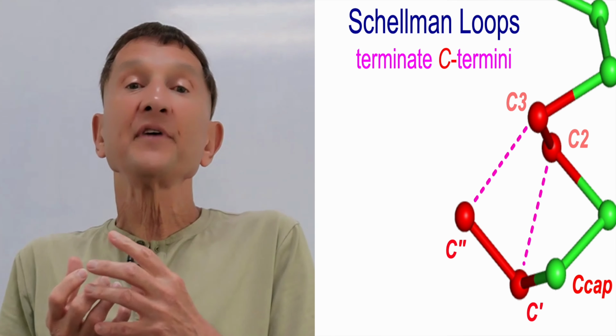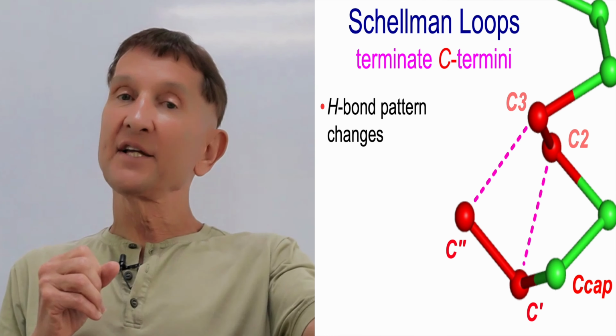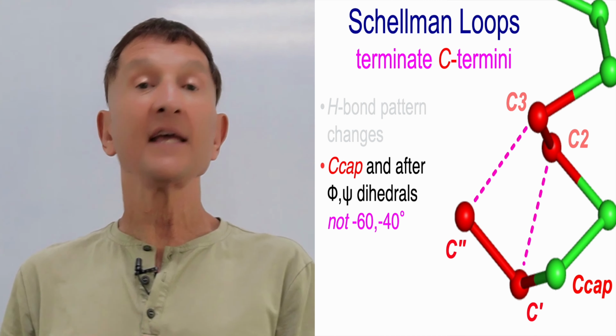We knew that C-caps in helices, in proteins, are often terminated by Schellman loops. Schellman loops kink the helix out of helicity and project the side chain at the C-terminus in a different direction.